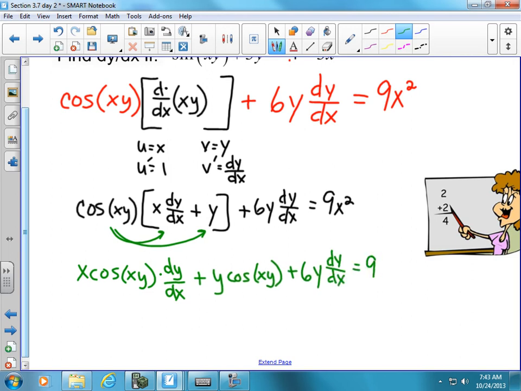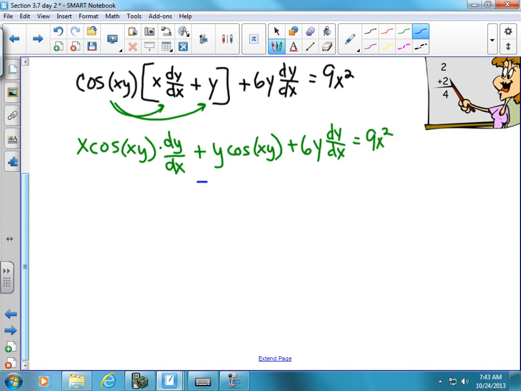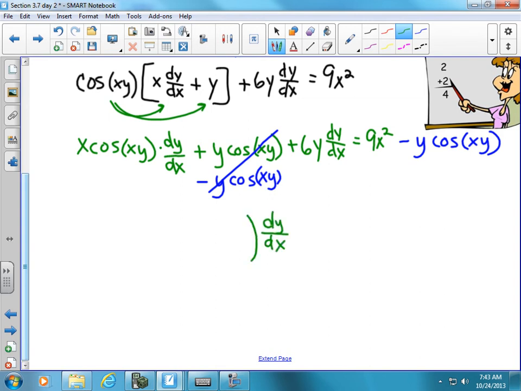We also then want to collect the dy dx's on one side of the equation, which means I'm going to move this term to the other side. That will go away. Let's group these two terms that have the dy dx's. So dy dx, and the two things that are multiplied by dy dx are x cosine of xy and plus 6y.